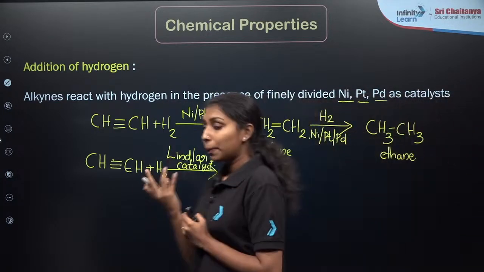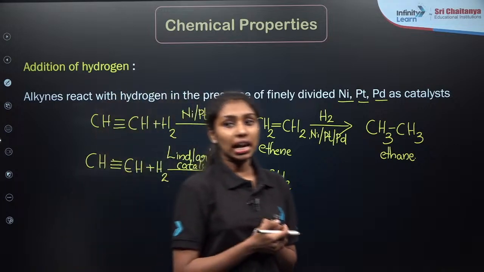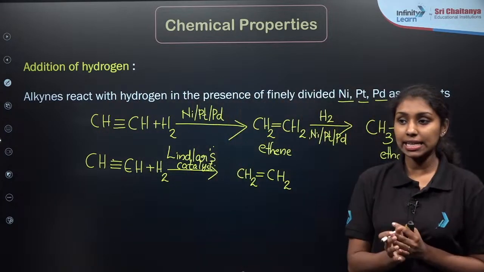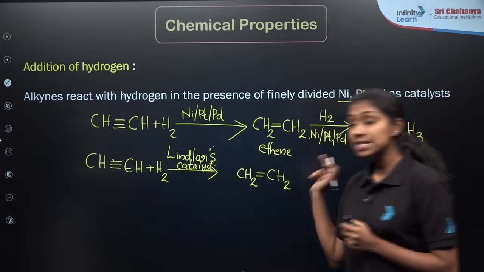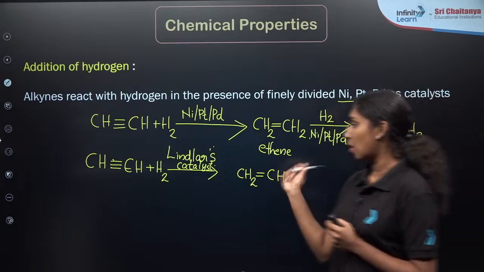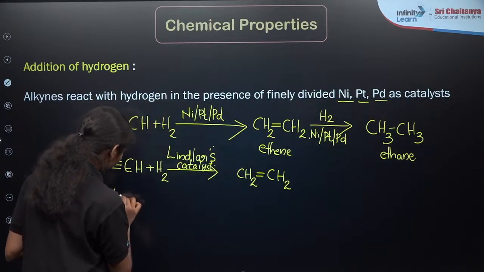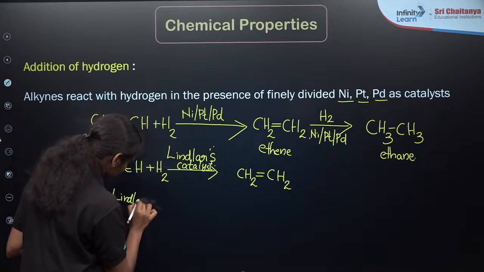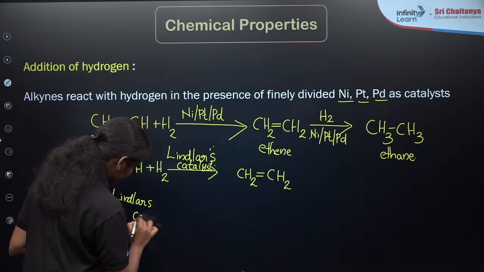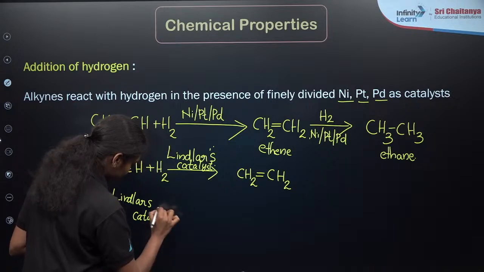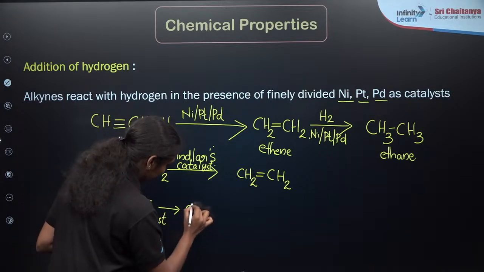For example, if I am taking any of the unsymmetrical alkynes, right? I will particularly get a cis alkene here instead of the alkane. If I am taking Lindlar catalyst, it will produce cis alkenes.